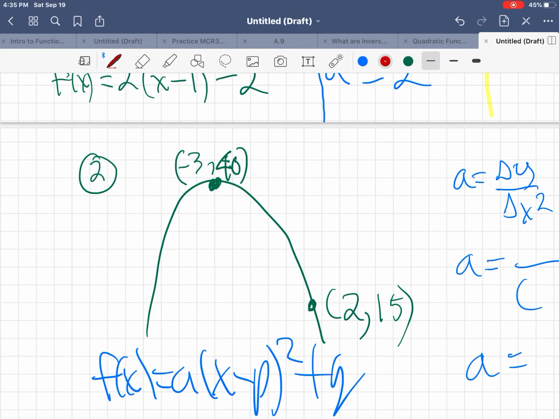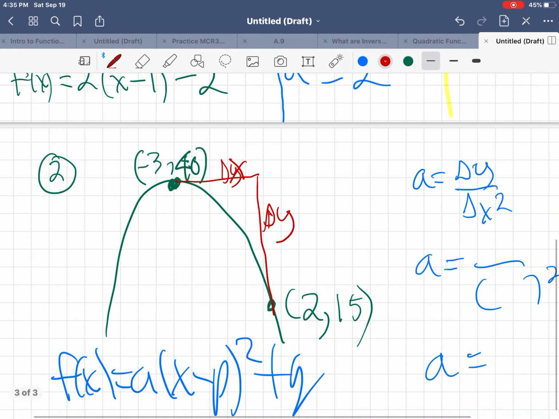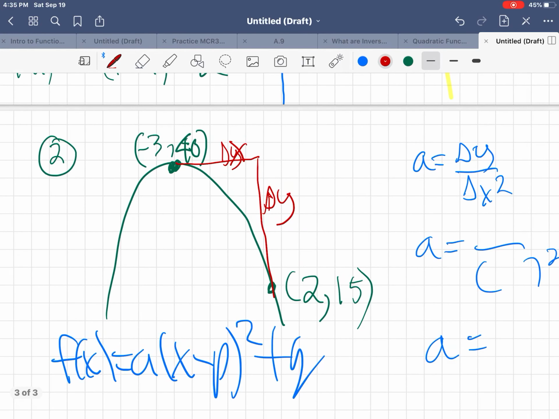So this time, there's delta x, there's delta y. I should do delta y first. Again, I want to go to the right, so delta y changes from 40 to 15. It's always y2 minus y1, so 15 minus 40, or I can do 40 minus 15. I just know that delta y is going to be negative, because I go to the right and then I go down.